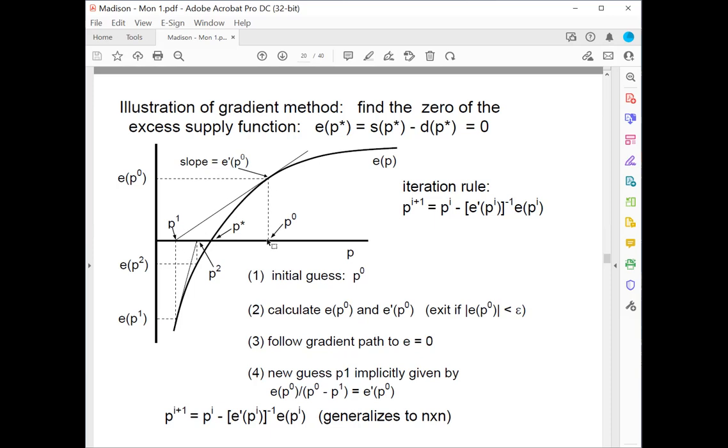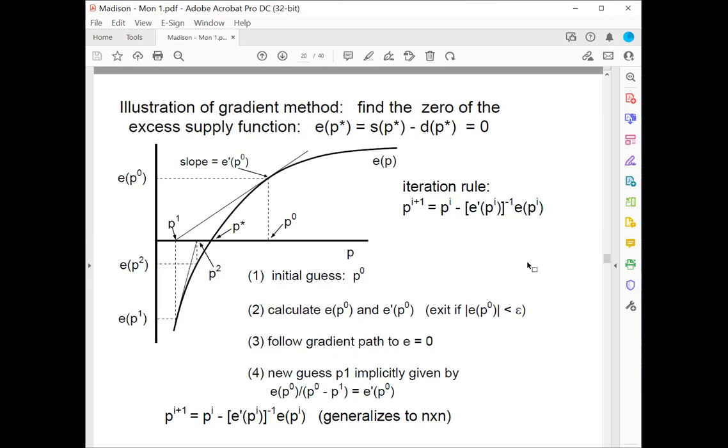And then by the equation of a triangle, your next guess is going to be P1. At E of P, you follow E prime of P down to this zero value down here. And just from the equation of a triangle, your new guess is the old guess minus E prime of P inverse times E of P.